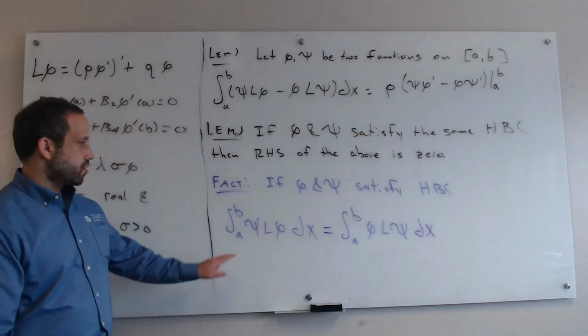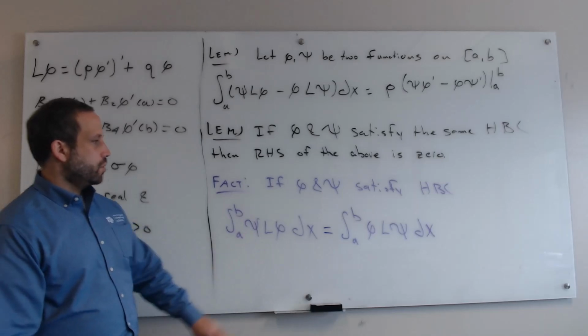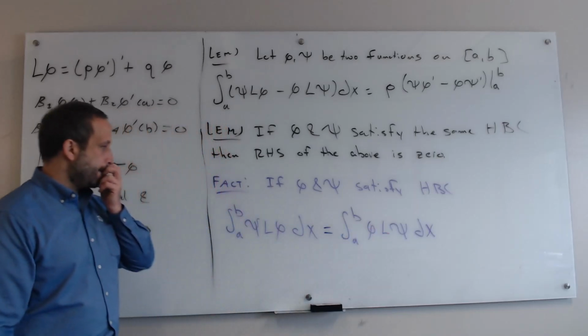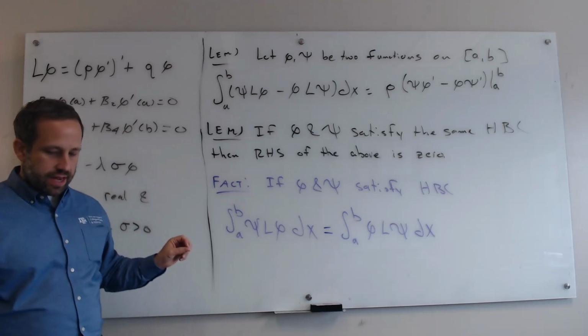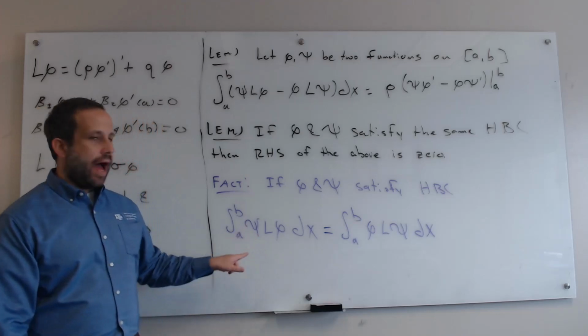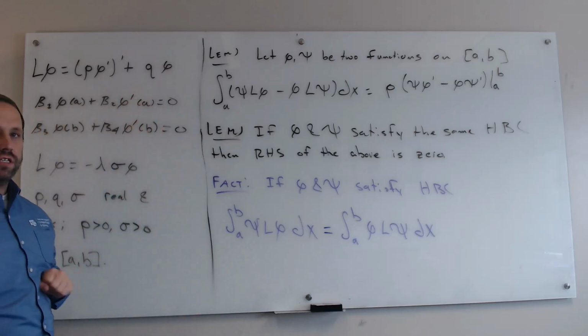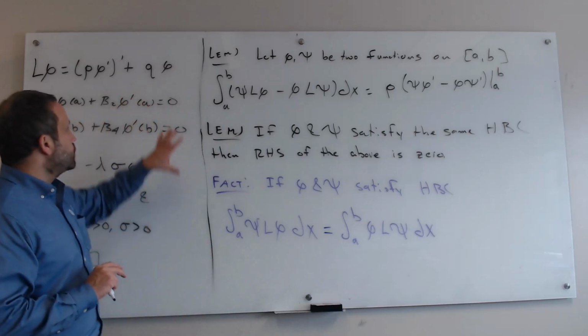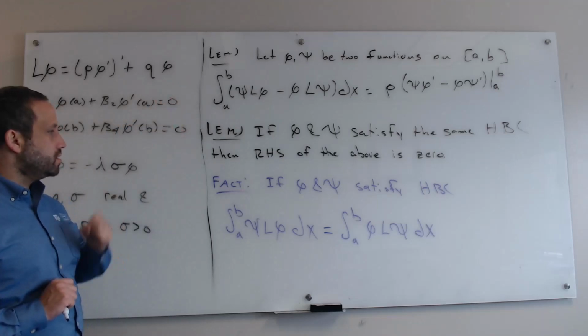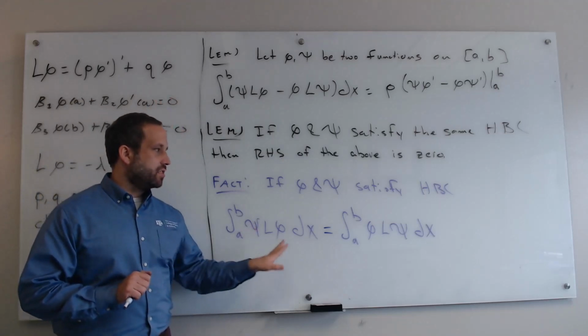So the integral of psi L phi is equal to the integral of phi L psi. What we're saying is that the operator L is symmetric if it's acting on this domain of functions. If we restrict the domain to just functions that satisfy these boundary conditions, L is a symmetric operator.